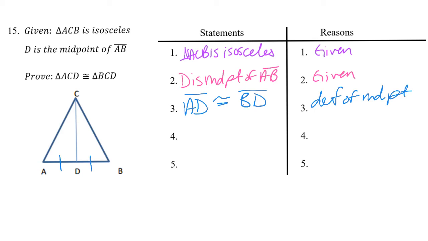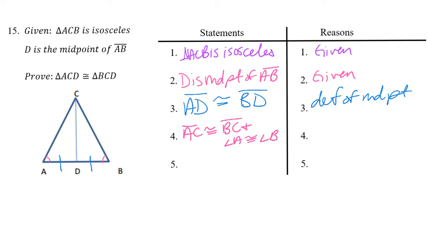But this time I'm actually going to take 2 things from the fact that it's isosceles. So I'm going to have AC is congruent to BC, and angle A is congruent to angle B, because those are 2 things that you can get here.